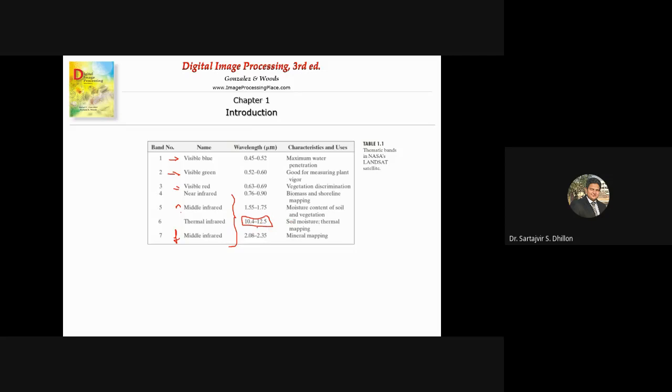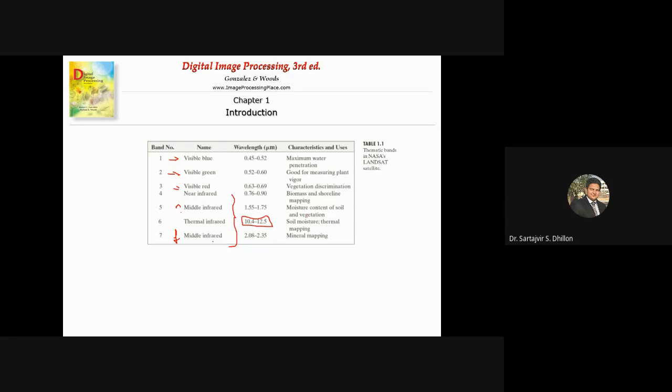The thermal infrared is used for soil moisture and thermal mapping, or for the detection of forest fires. And infrared is used for identifying biomass and shoreline mapping, and moisture content available within snow and vegetation.